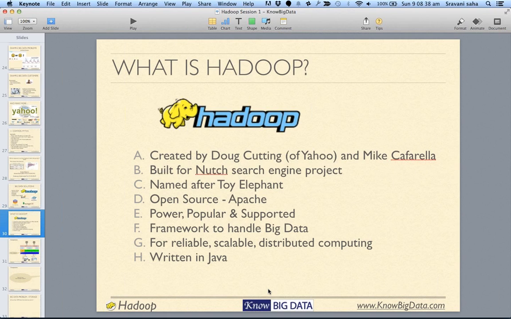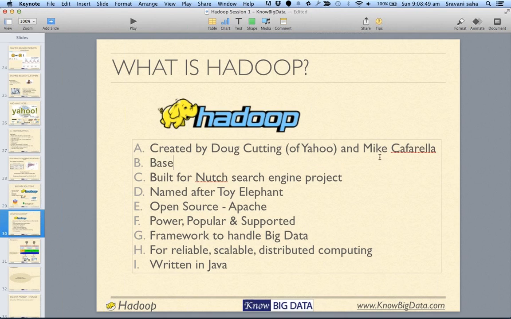He named Hadoop after a toy elephant, and it is based on papers by Google: the Google File System, Google MapReduce, and Google Bigtable.